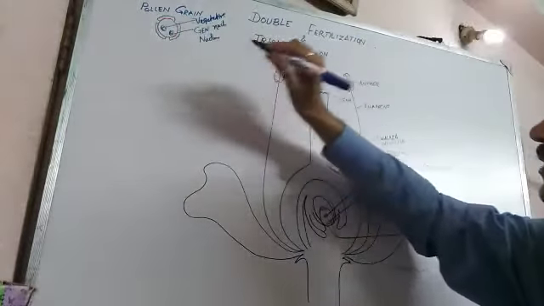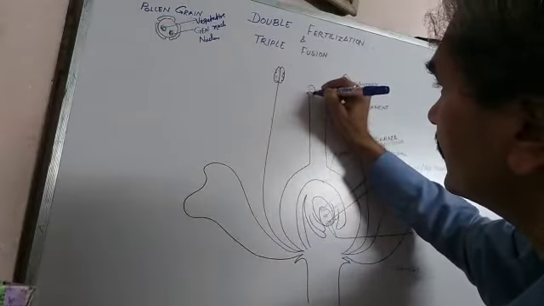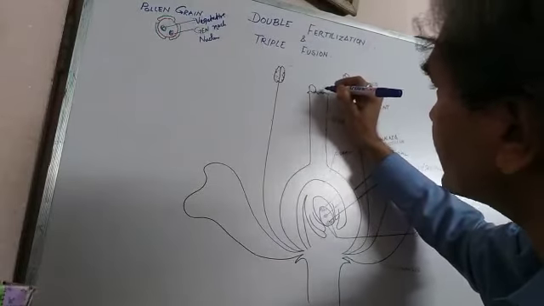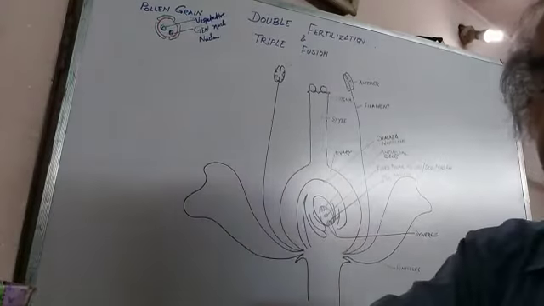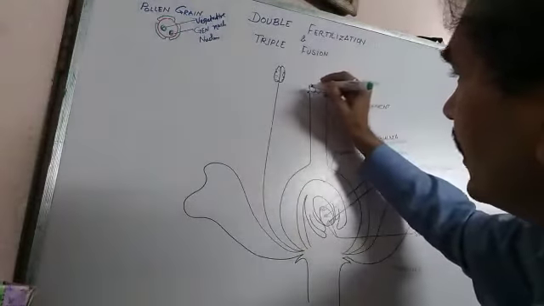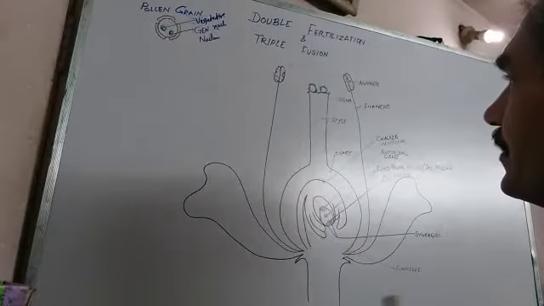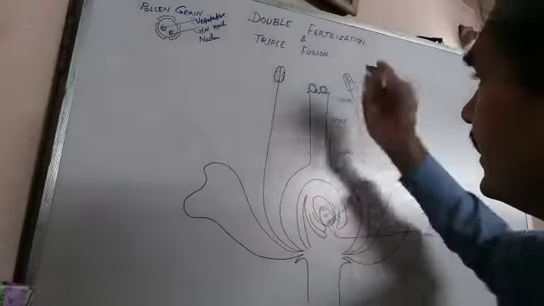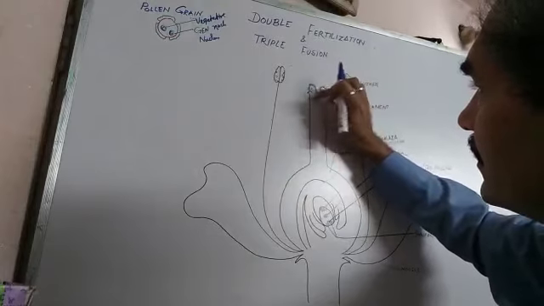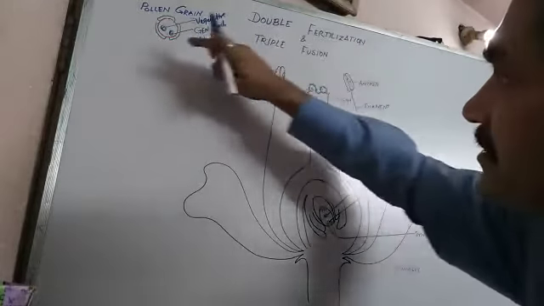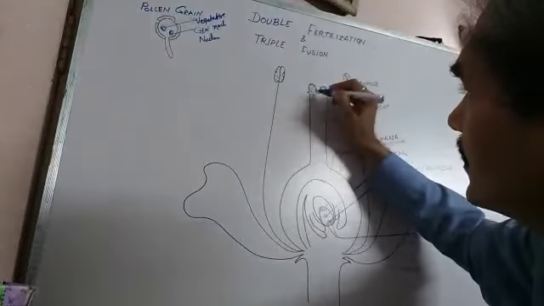Now, these pollen grains are transferred from anther to the stigma. As the pollen grains are transferred from the anther to the stigma, what happens? You see, as it is transferred from anther to the stigma, the exine bursts and the intine protrudes to form the pollen tube.